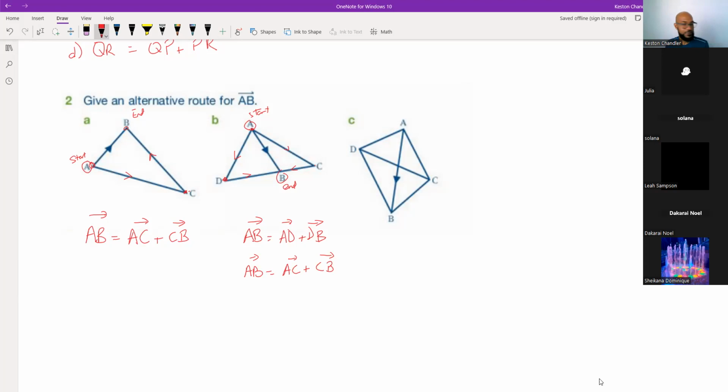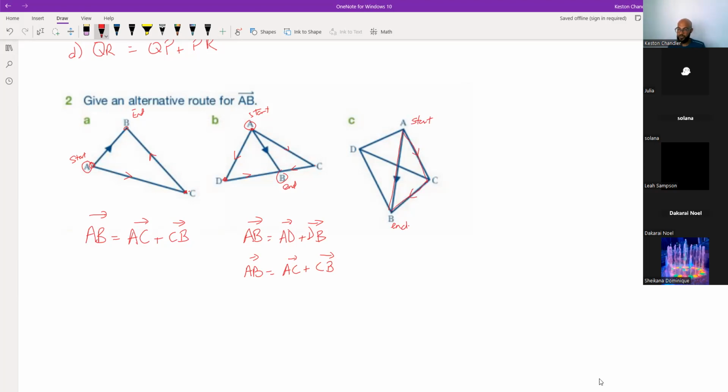So if I start at A and I want to end at B, how can I achieve that? I could start at A, go to C, and then start from C and go to B. So you see, it's still a triangle there. You see any triangles? Right? And it's a pattern.